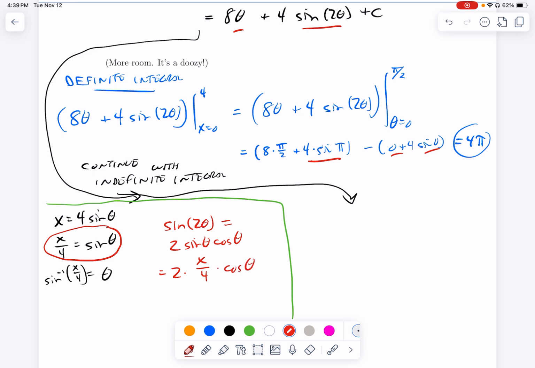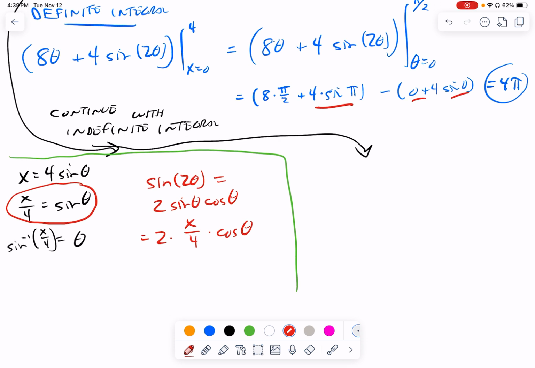In order to substitute in cosine theta, we really need to use how sine and cosine are related. You can do this with an identity, but in some cases, you're not going to have the right identity at your fingertips. What I would recommend is let's just draw a little picture to illustrate this relationship.